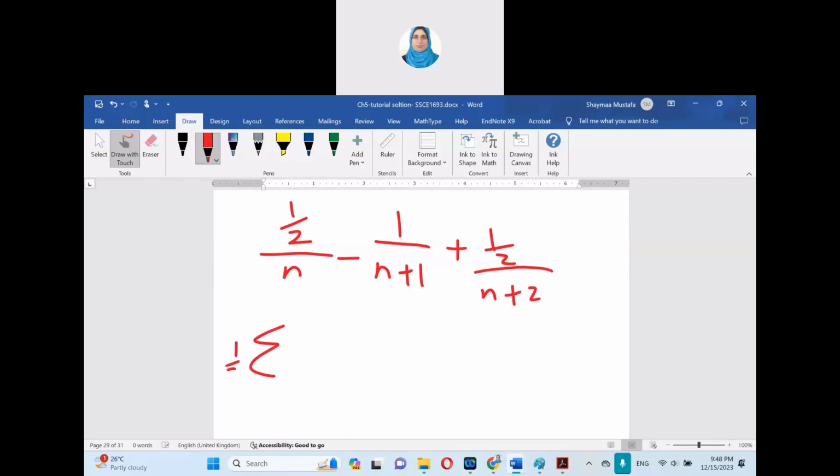The terms of each series: 1 over 2 times 1 over n is 1 over 2n.